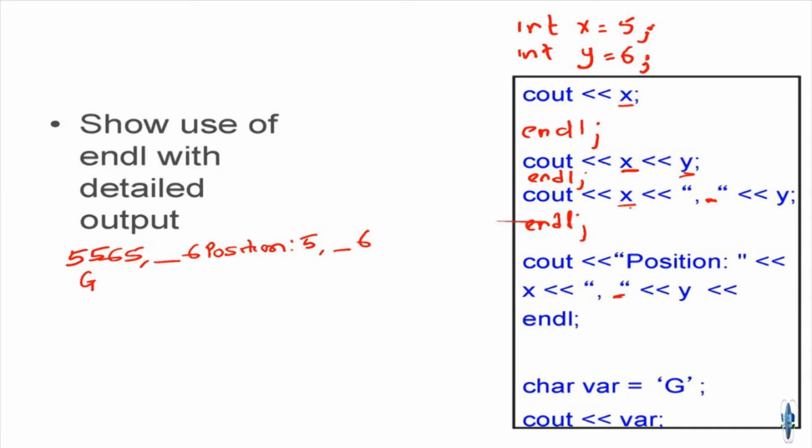Okay, everyone got this? So certainly we have a very messy output and not what we intended to produce. So ideally you should have had an endl in multiple places, an endl maybe here, an endl, endl, and so on.